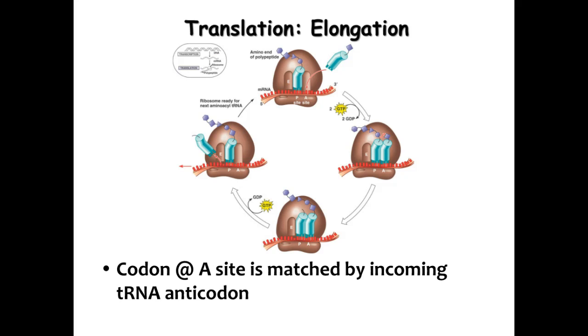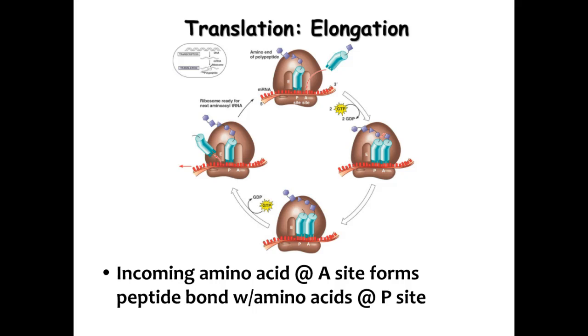Elongation, so to build the amino acid chain, the P site is filled with the MET transfer RNA, then it'll read the next codon, and the corresponding amino acid for that codon will be brought by the transfer RNA on the A site.